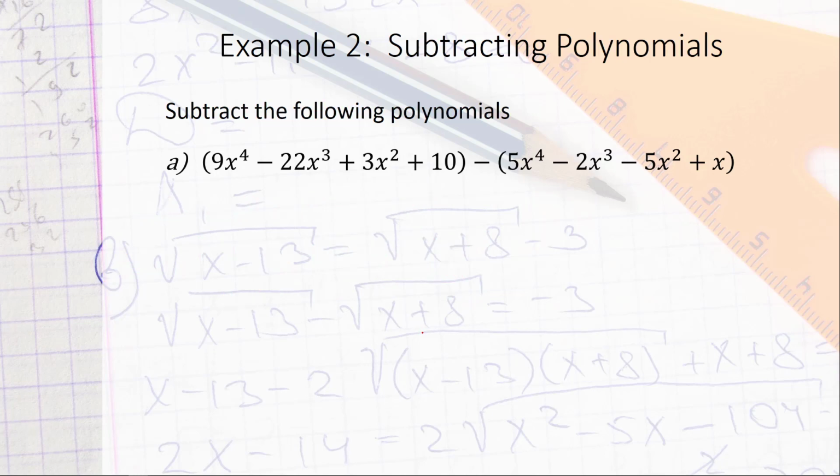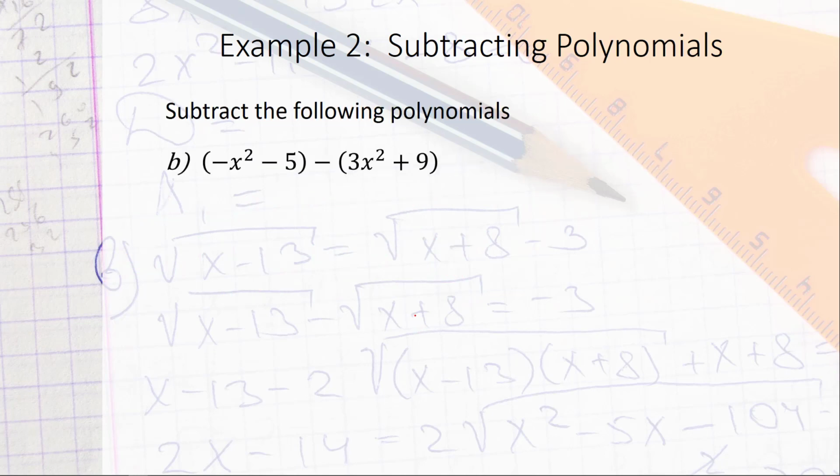Okay, now for a couple of problems that are closer to what you'll see in your homework. Here is the subtraction of two binomials. So once again, we write down negative x squared minus 5. And now for the second polynomial, we change the sign and just add it to the first polynomial. So that'll be minus 3x squared minus 9.